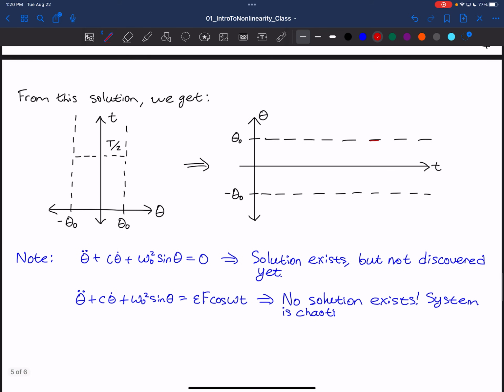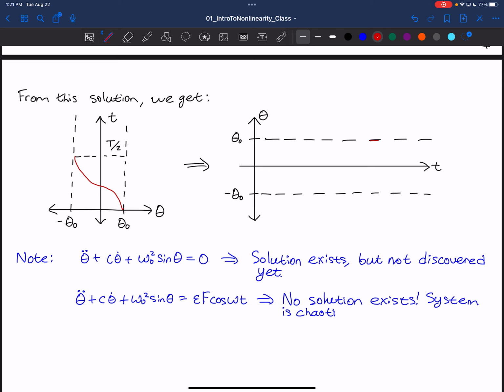Okay, but what do we really get from this solution? From this kind of solution, we're able to find an oscillation in time or in theta from some initial condition to the minus, theta 0 here is an amplitude, and this system is going to oscillate from theta 0 to minus theta 0 because it's conservative.